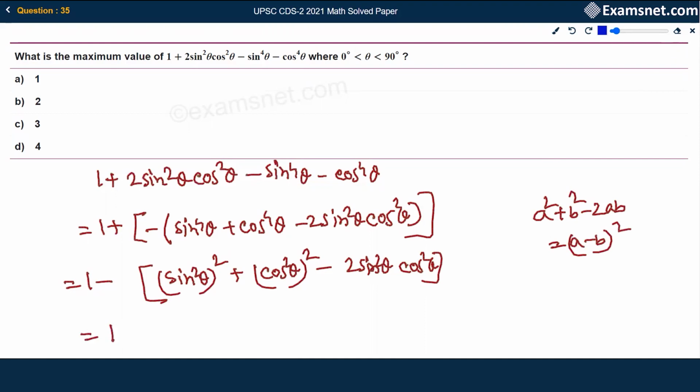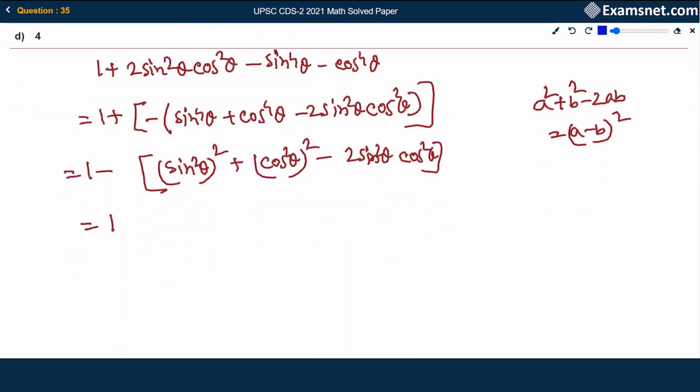So here we will compare sine square theta as a and cos square theta as b, or we can consider cos square theta as a and sine square theta as b. So we can write (cos square theta minus sine square theta) whole square.